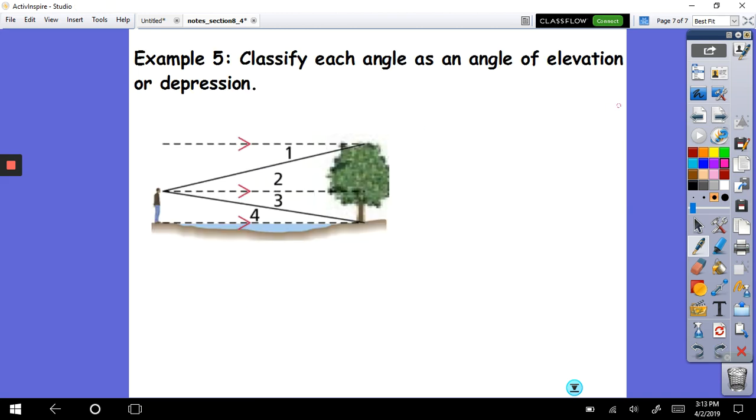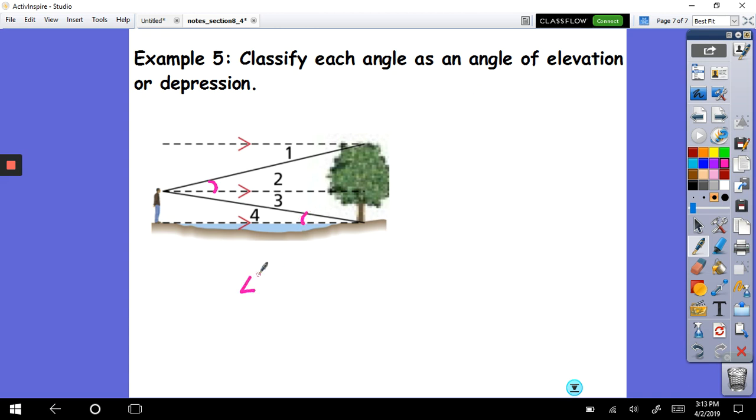Okay, classify each angle as angle of elevation or depression. So this part's pretty easy. You don't have to get out your calculator for this. You're just looking: is the angle going from the person's eyes up, or is it an angle going down from the ground up, or from the horizontal in the sky down? Well, the going up angles would be angle 2 and angle 4.